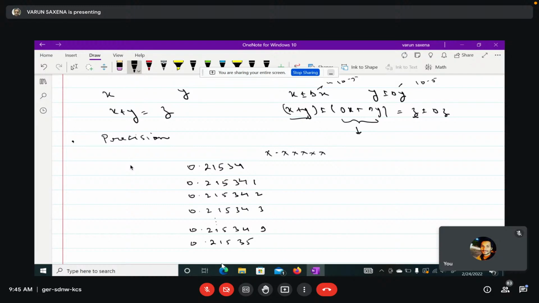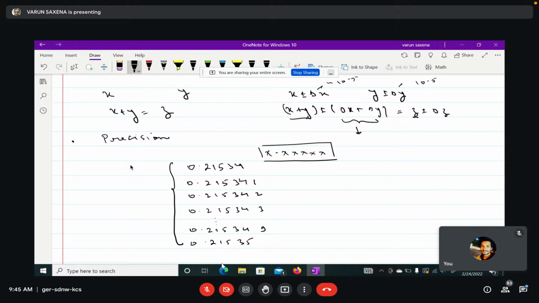Now my question is: if you have a computer that can store only numbers in this format, then out of all these numbers that I have written, which numbers can your computer store?